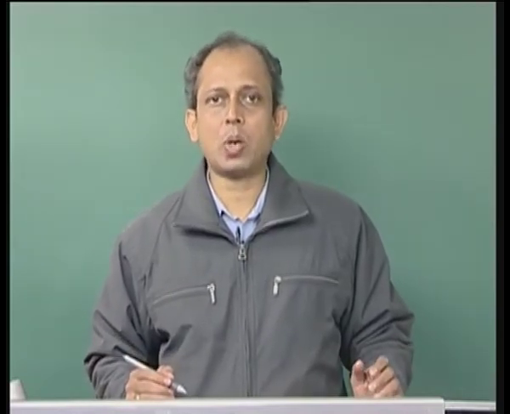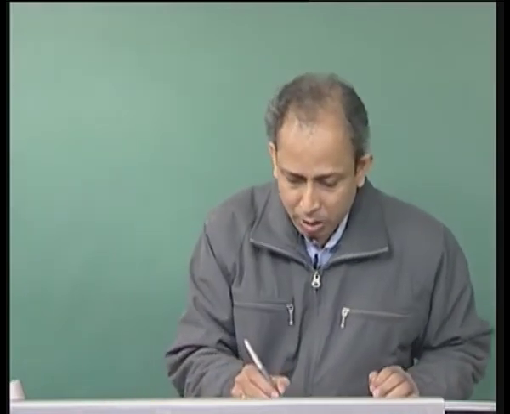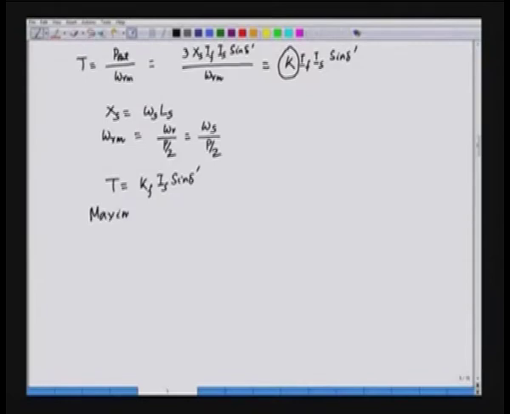In this case, if we want to have maximum torque, delta prime should be 90. So, the maximum torque per ampere is obtained for delta prime either plus or minus, because for motoring we will have plus 90, for braking we will have minus 90 degrees, plus minus pi by 2.